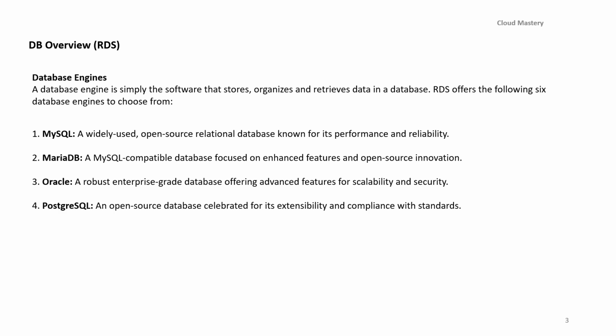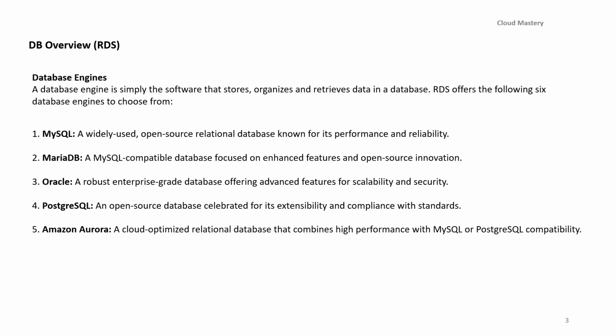PostgreSQL is the next one, known for extensibility and standards compliance, so it's perfect for diverse use cases. Then we have Amazon Aurora, a cloud-optimized engine that combines high performance with MySQL or PostgreSQL compatibility. You can go with Amazon Aurora in case of MySQL and PostgreSQL.